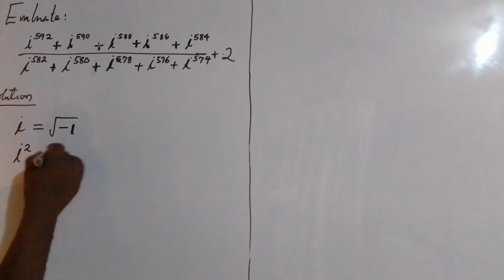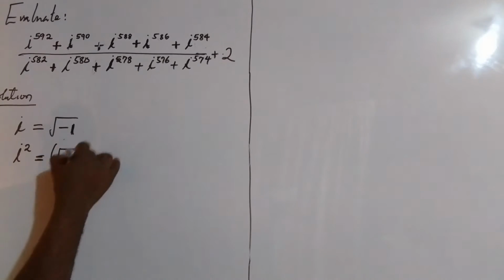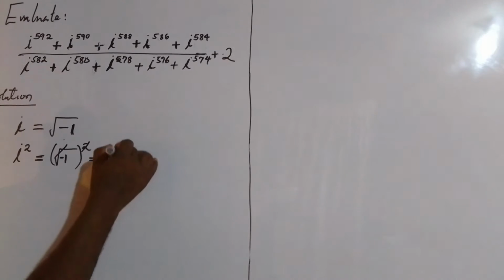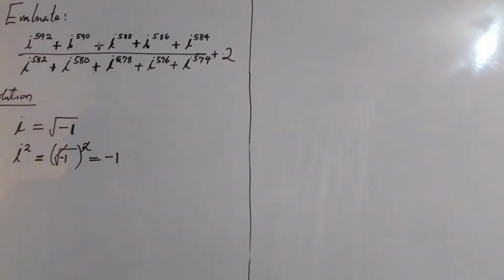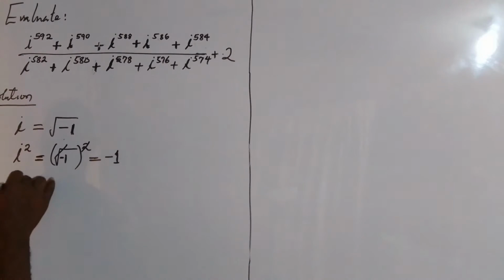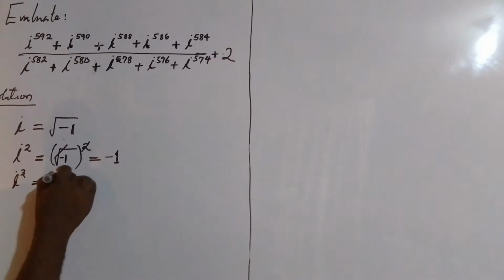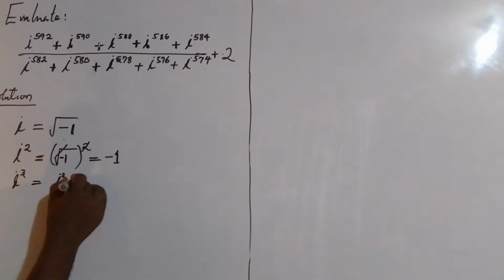This will simply be the square of the square root of minus 1, which in turn will give us minus 1. Alright, so if i squared is minus 1, what then will be the value of i to the power of 3? So this will simply be i squared times i.